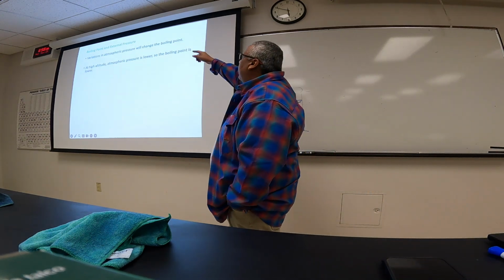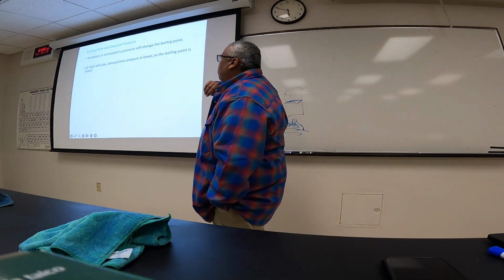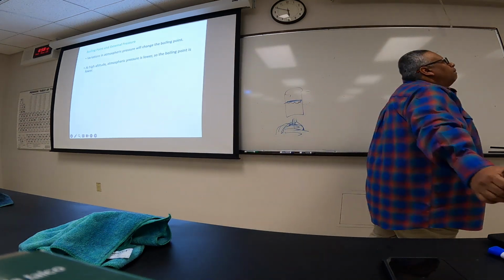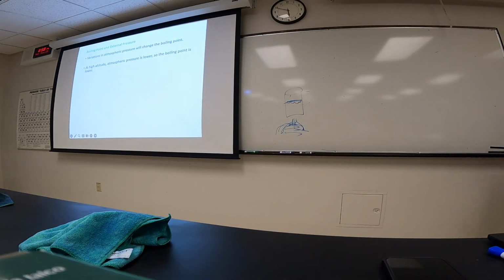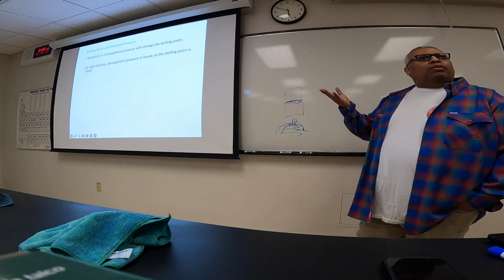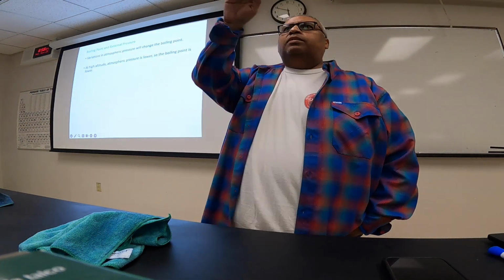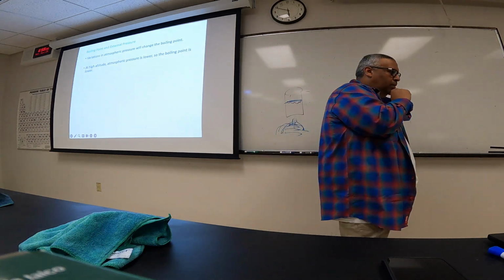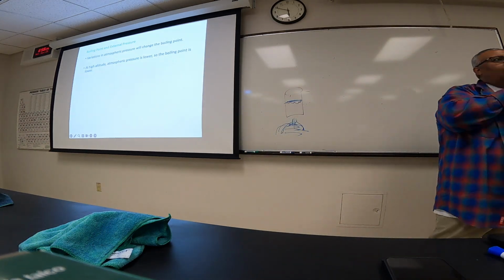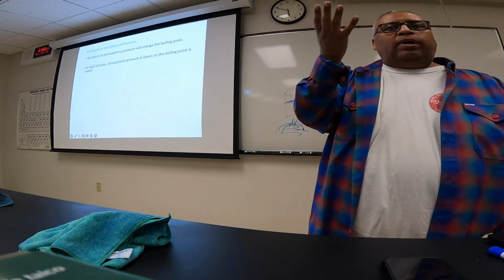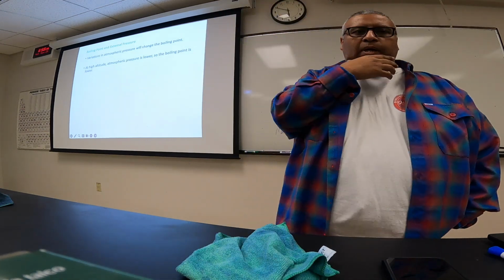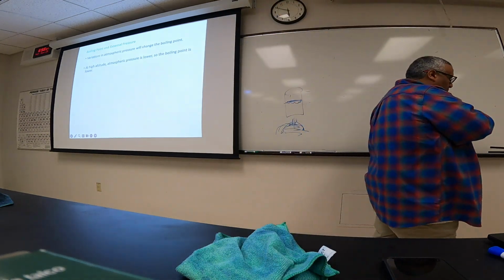All right, variations in atmospheric pressure. So top of Mount Everest, air pressure is very low, right? Standing at the beach, atmospheric pressure is 1 atmosphere compared to the atmospheric pressure up on Mount Everest.